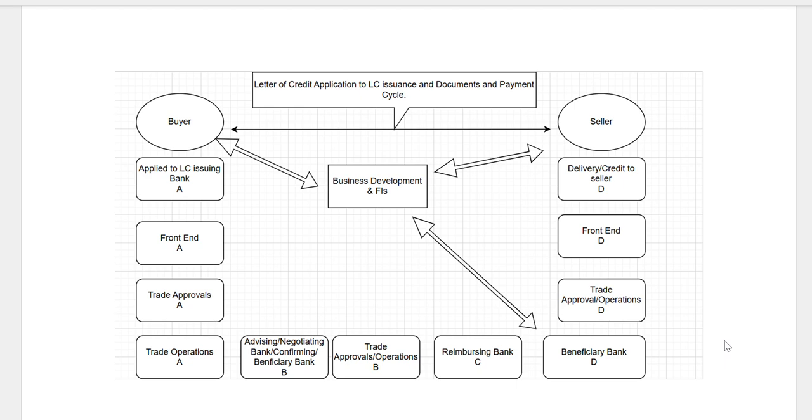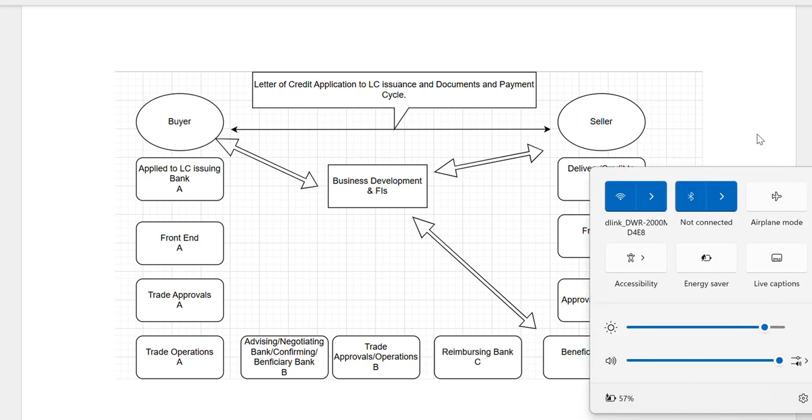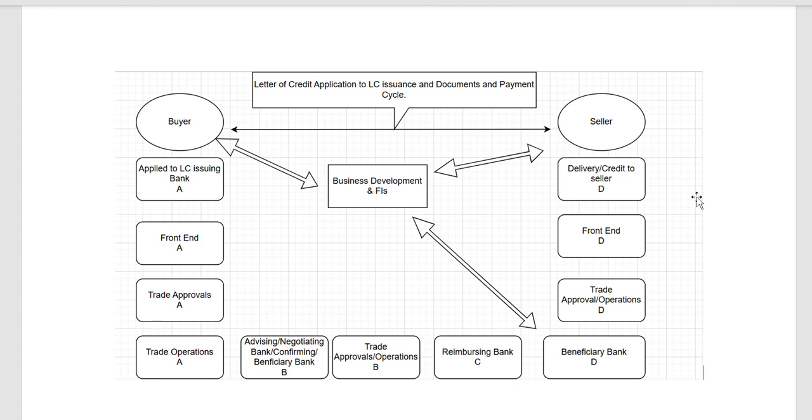I will try to give you a brief introduction about how the LC cycle works, and I have included some internal departments also so that you will be very clear about how at each stage the LC flows, how the LC application flows, how the LC is being issued within the departments, and when it reaches the seller, how they prepare the documents and how they deliver the goods.